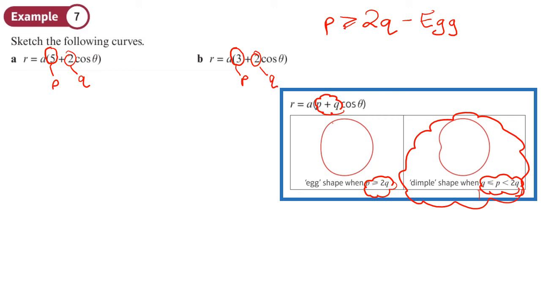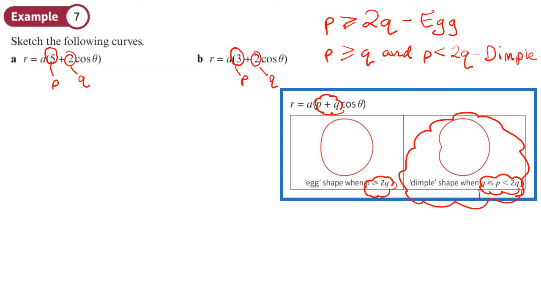However, if P is greater than Q, but still less than 2 times Q, that's when we get the dimple.